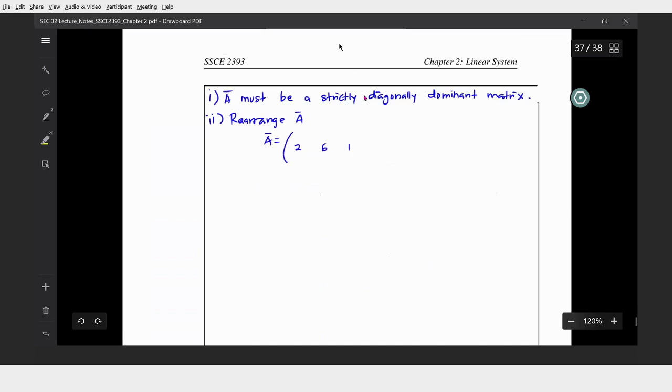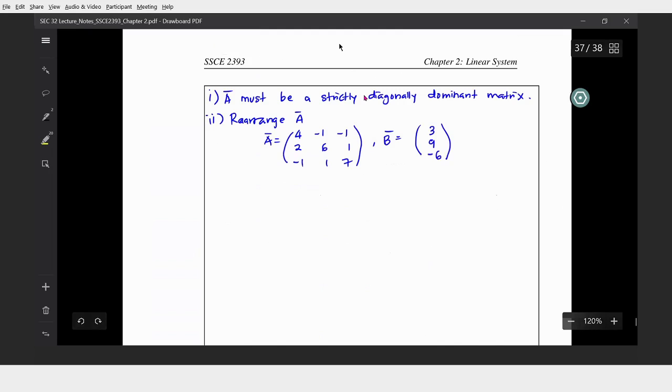So 4, -1, -1 should be at the top, then -1, 1 and 7. So that's your A in the form of an SDD matrix. B needs to be changed as well, accordingly, according to your A: 3, 9, -6.